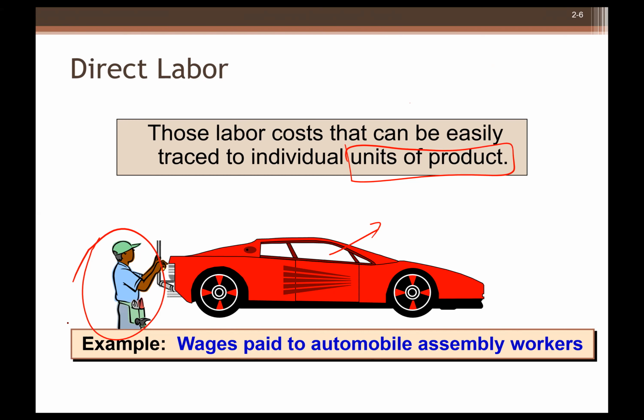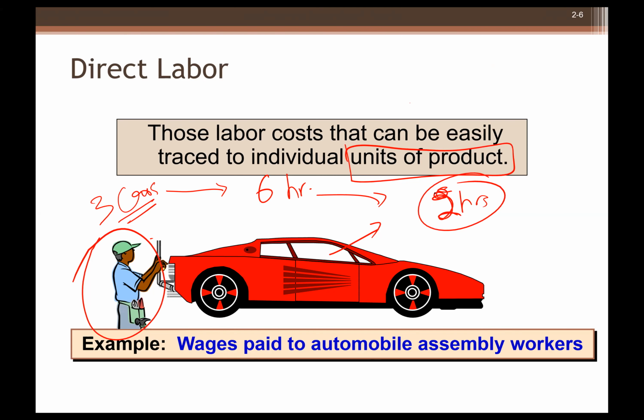They make 3 cars during the day, and they spend 6 hours. You can easily calculate, approximately 2 hours they work on this car, right? For example, the electrical engineer is connecting the wires inside, the electrical system.